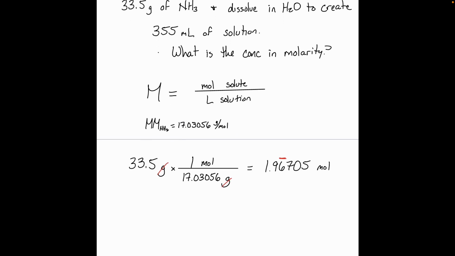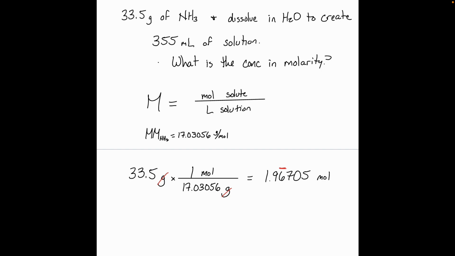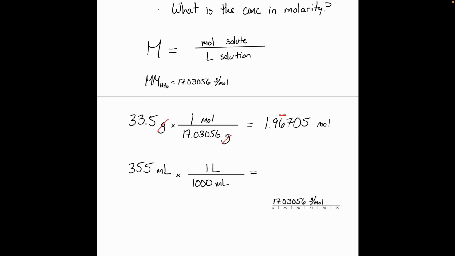So now I need to take that and divide it by the liters of solution. Here I'm given 355 milliliters. So I'm going to have to use the fact that there are 1,000 milliliters in 1 liter, or 0.355 liters.